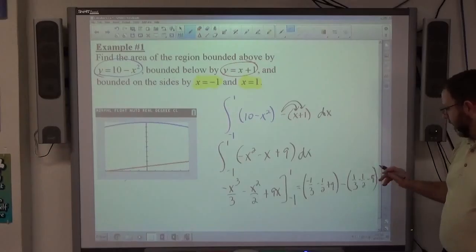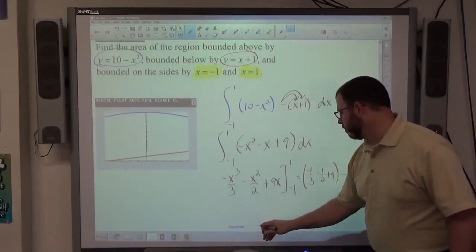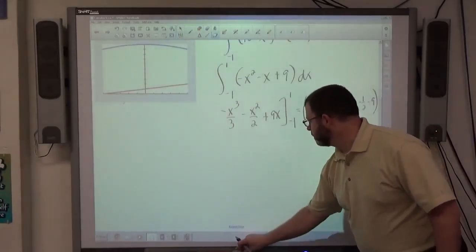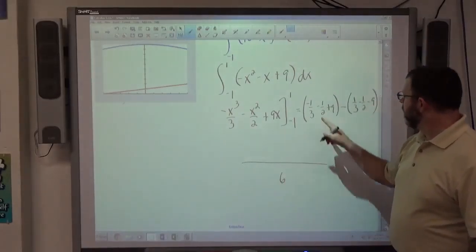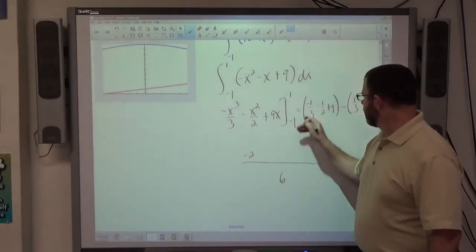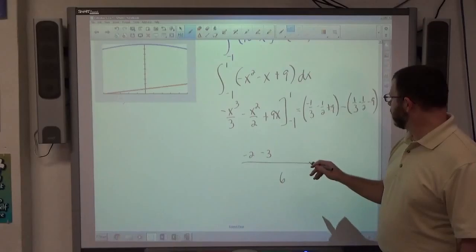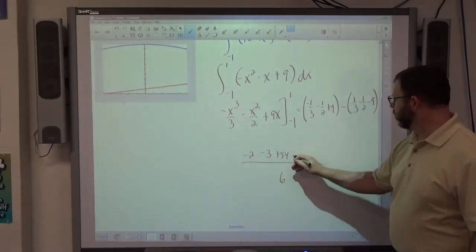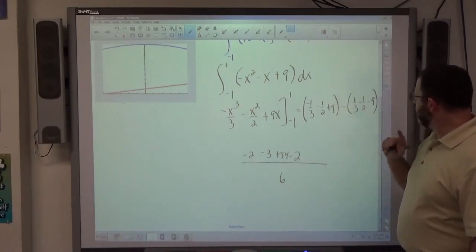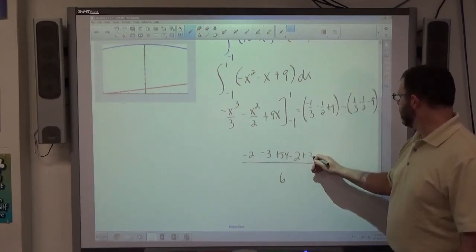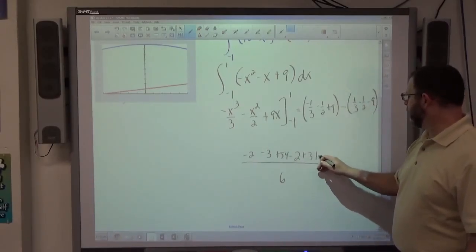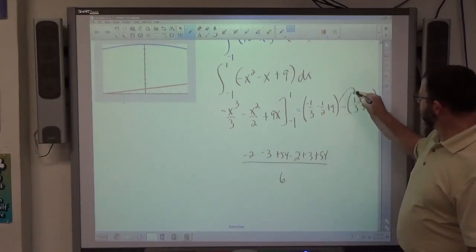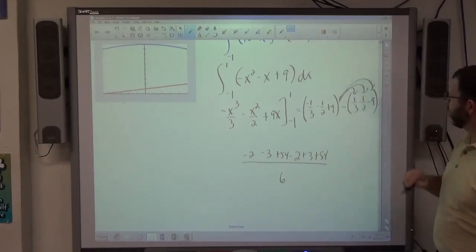So all together, looks like common denominator 6 going on here, so I'll go ahead and make that happen. -2/6, that'll be -3/6, that'll be positive 54/6, that'll be -2, that'll be positive 3, and that'll be positive 54. The minus sign distributes through, changing the signs of each of those.